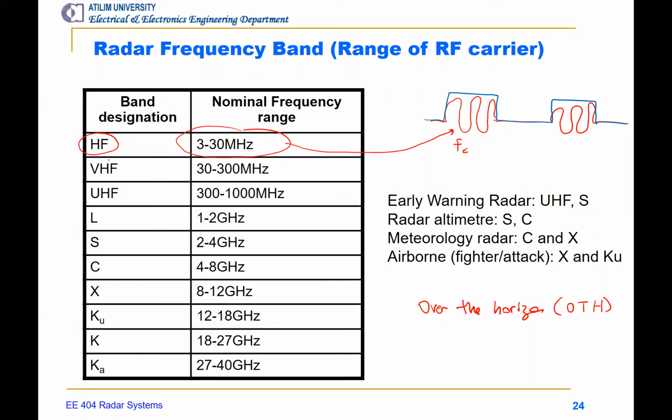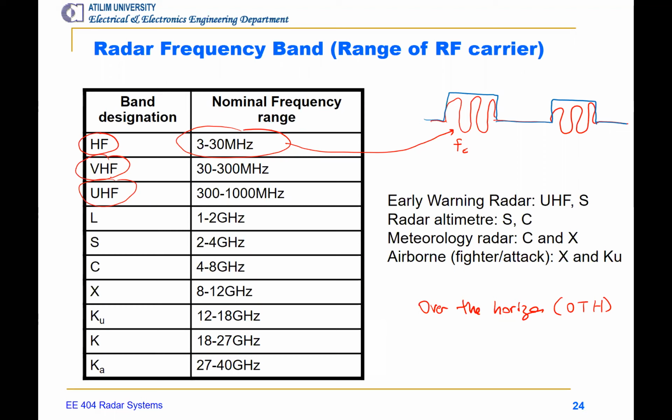We have the VHF radars, again early warning radar systems, UHF also, and we have radar altimeters, like on aircraft, which have to determine the height above the Earth. There are some pressure-based techniques, but this radar-type altimeter is more effective because it's not dependent on other things.